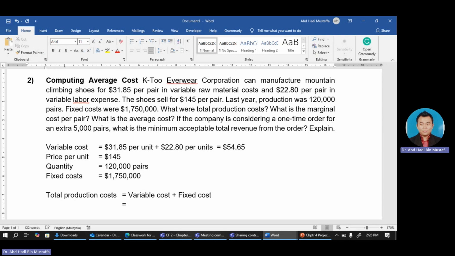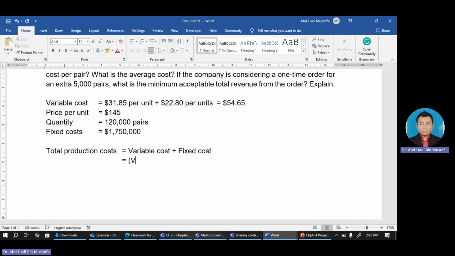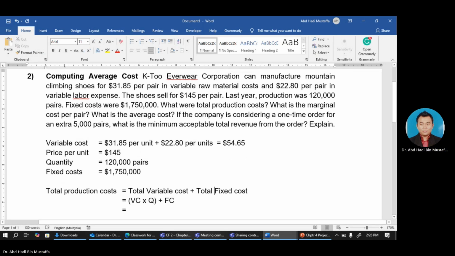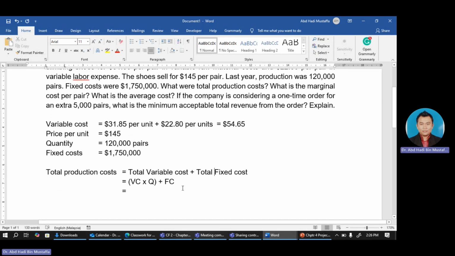However, if you expand the formula, variable cost means VC multiplied by Q plus fixed cost. So that is how you expand the formula: total variable cost plus total fixed cost, VC multiplied by Q plus FC.